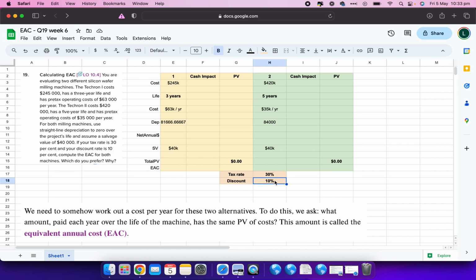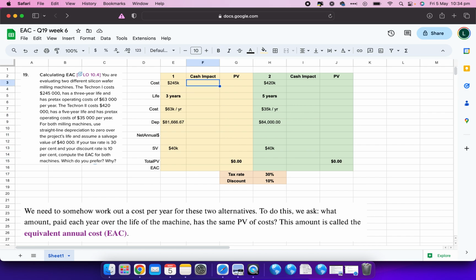So step 1, what we've got to do, well, first off, I've already gone ahead and I have created my data. So this is my data set here. And then what we're going to do is we're going to look at the cash impact. Now, remember, we're doing this with our capital budgeting big cash flows. So we need to think, what is our cash impact?